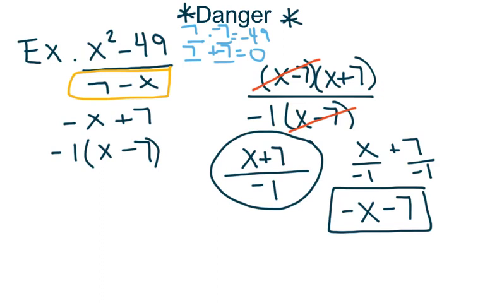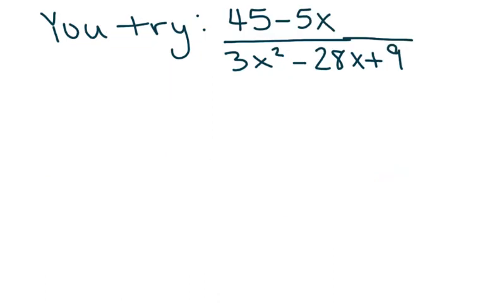Anytime you see something like the very beginning right here, anytime it is flipped around, it's not in standard form, you're probably going to be taking out a -1 GCF and rewriting it. Just some weird stuff to think about. Okay, so I want you to try this one. I want you to notice that the top is that flipped around standard form, so you will be taking out a -1 GCF.